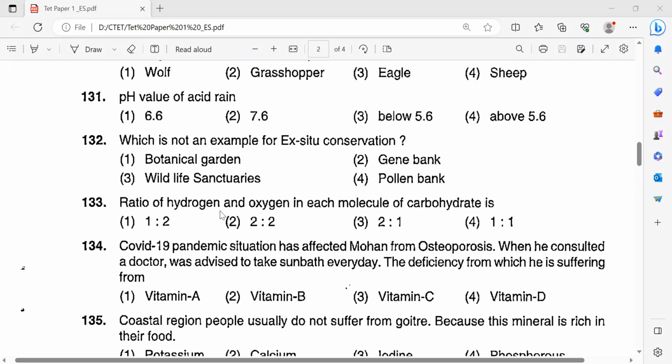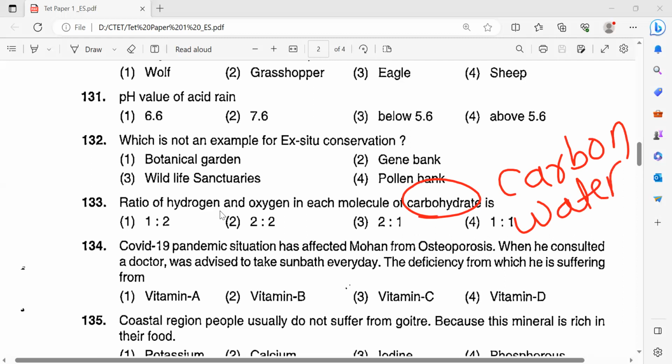The ratio of hydrogen and oxygen in each molecule of carbohydrate is. So the answer is, when we see regarding the carbohydrate, carbohydrate is derived from the word carbo, meaning carbon, and hydrate, meaning water. So these carbohydrates are the hydrocarbons.